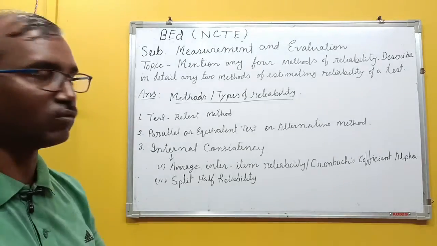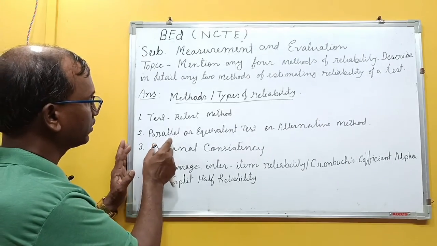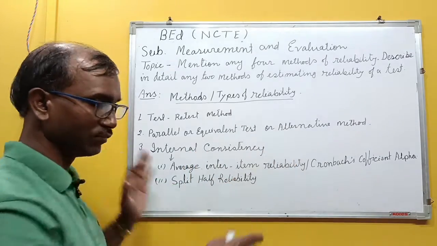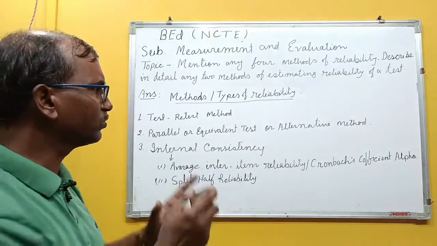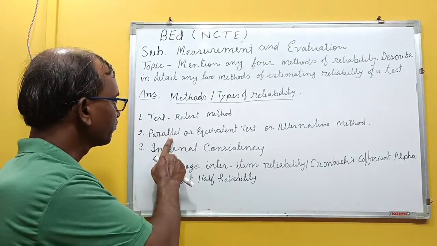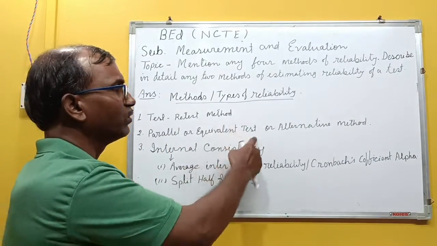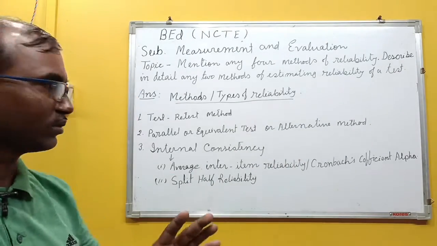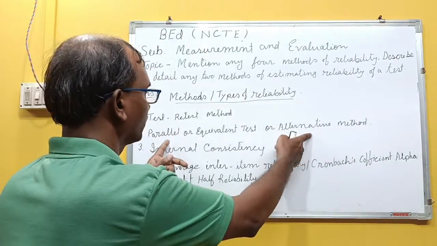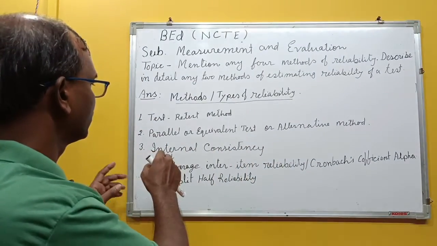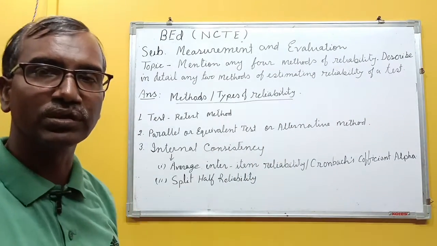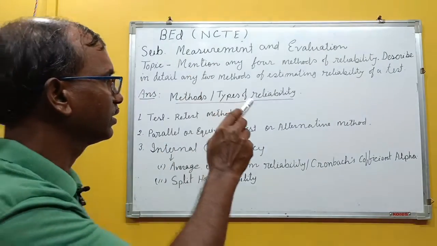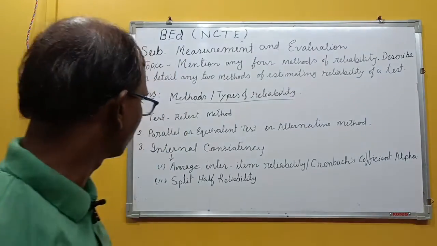So, combining all, I have put here parallel or equivalent or alternative. In different books you will get only a single word: parallel test or equivalent test or alternative method. But for your knowledge, I have written all the words used in different books. Parallel test is the same as equivalent test and the same as alternative method.